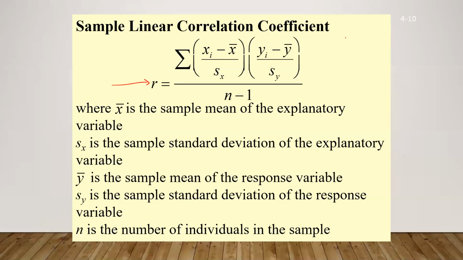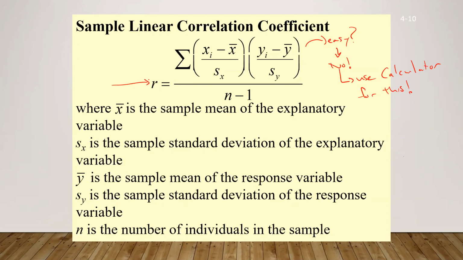So here's my question for you. Does this formula look easy? Would you guys like to do this stuff by hand? No, I don't want to do this by hand either. We're going to show you how to use your calculator for this, so you're never going to have to do this linear correlation coefficient by hand.